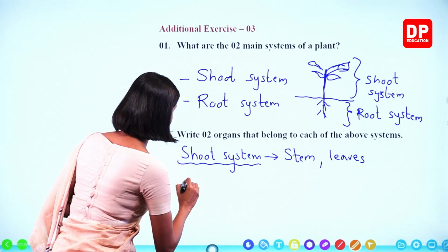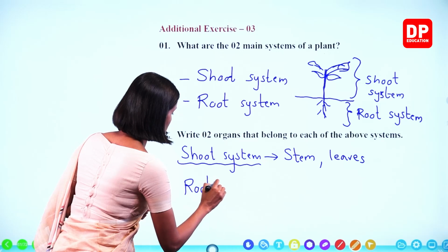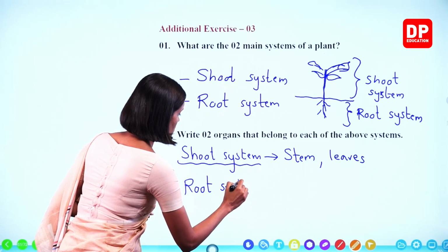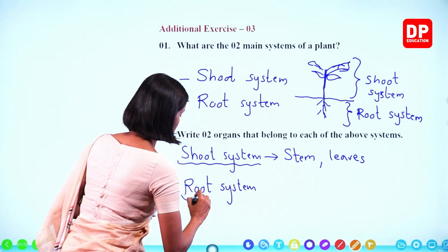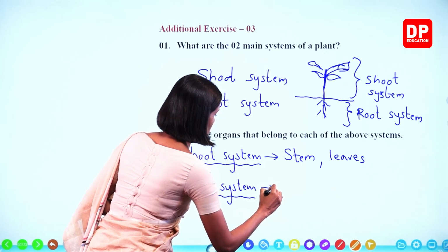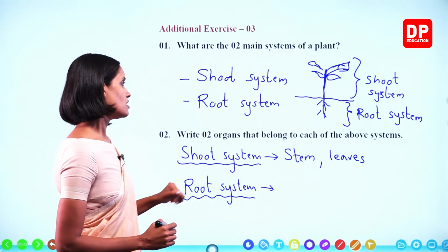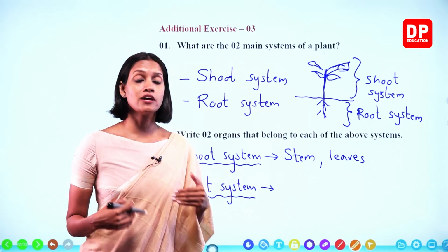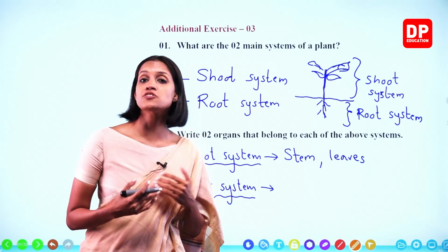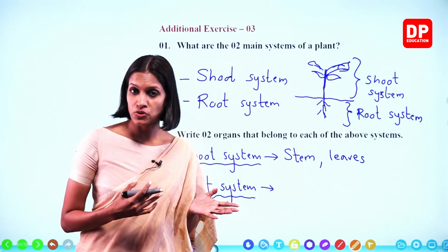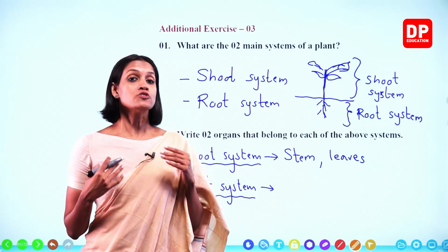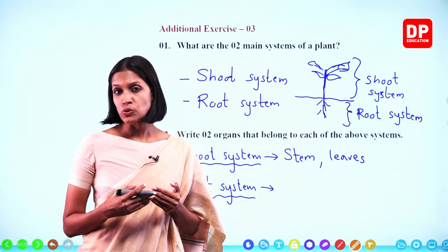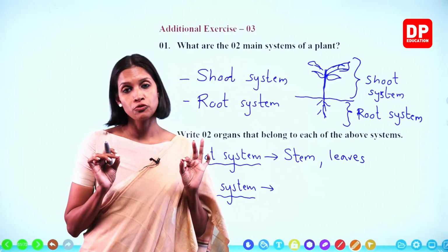The root system. So what are the organs? Now when we consider the root systems, there are 2 main types of root systems, the fibrous root system and the taproot system. When we consider the fibrous root system, there is only 1 type of root present.